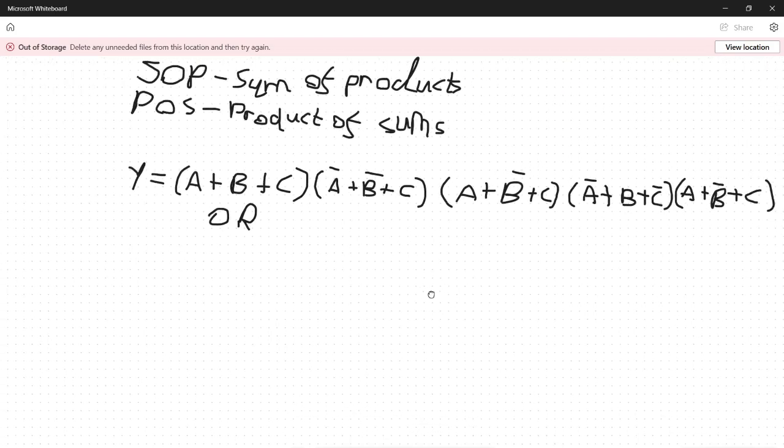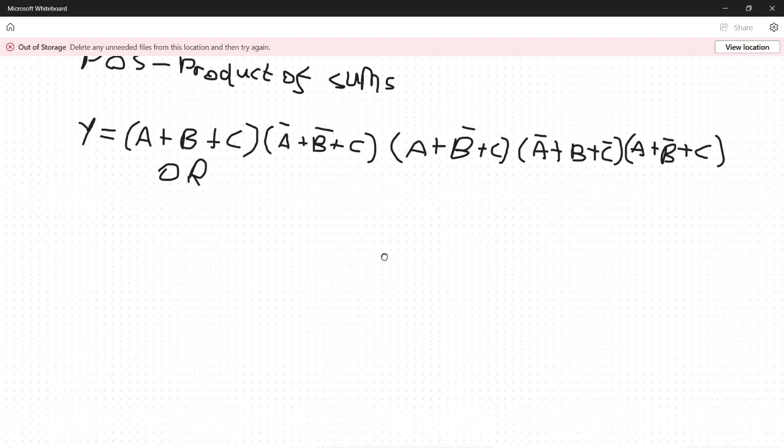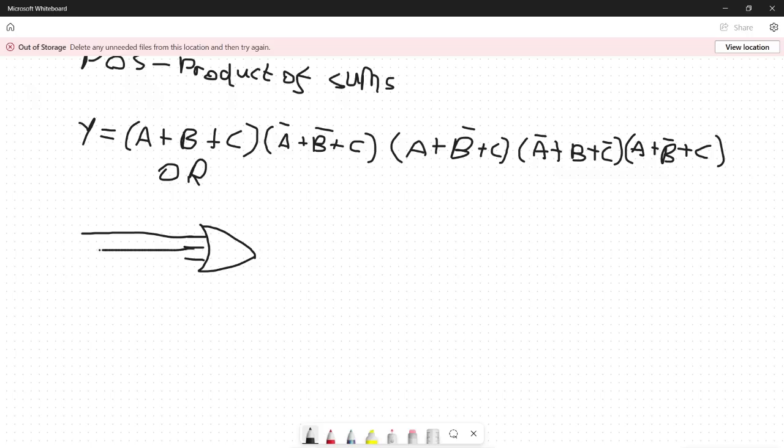So if I were to actually draw this now, I would end up with an OR gate that is 3 inputs. This is our first OR gate. And I'm going to take this down here. This is A, B, and C. And I'm going to have another OR gate.